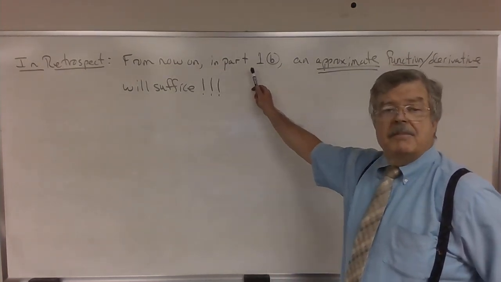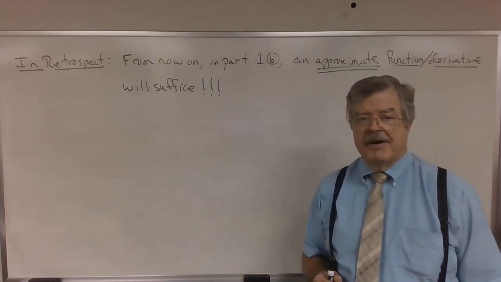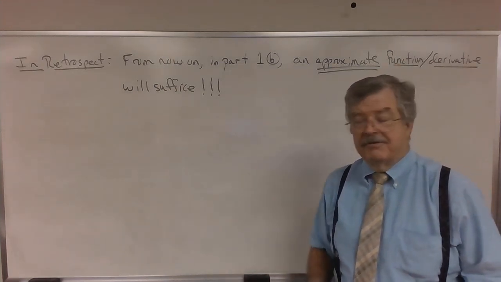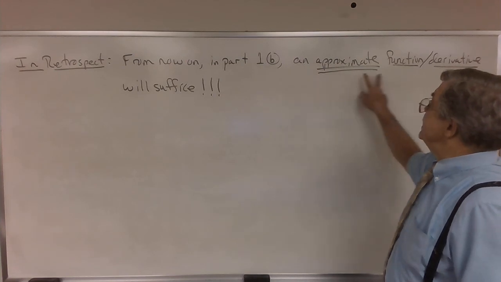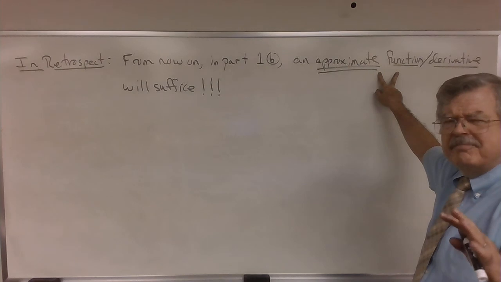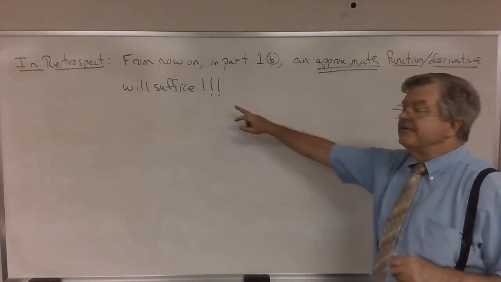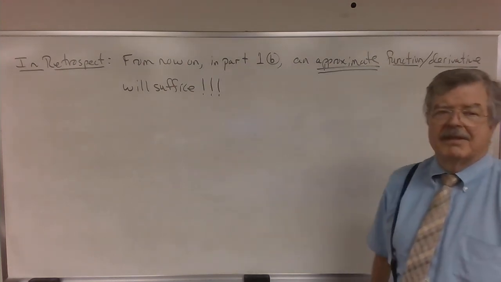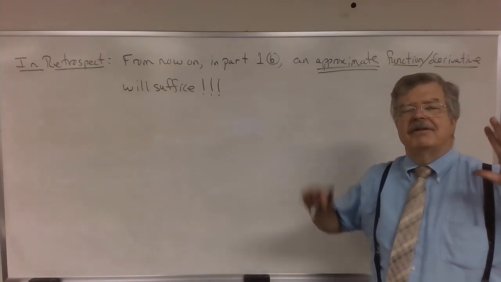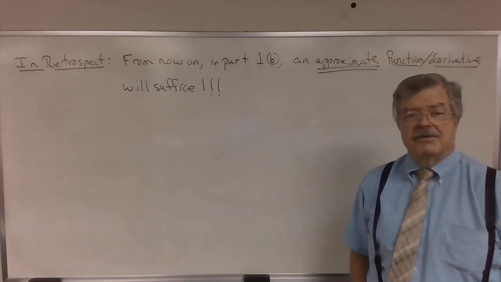From now on, in part 1b, where we're looking for a function derivative pair, it won't be necessary to have an exact function derivative pair. In part 1b, an approximate function derivative pair, where we're only off by a constant multiple, will suffice. And that means that this opens up an entirely new class of functions that we can integrate using U-substitution.